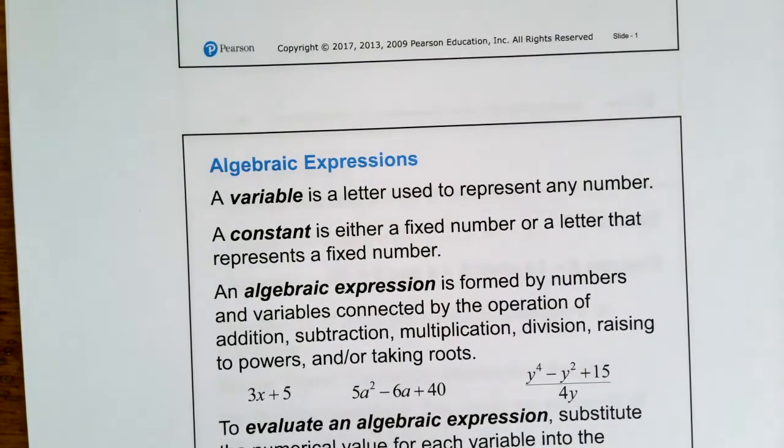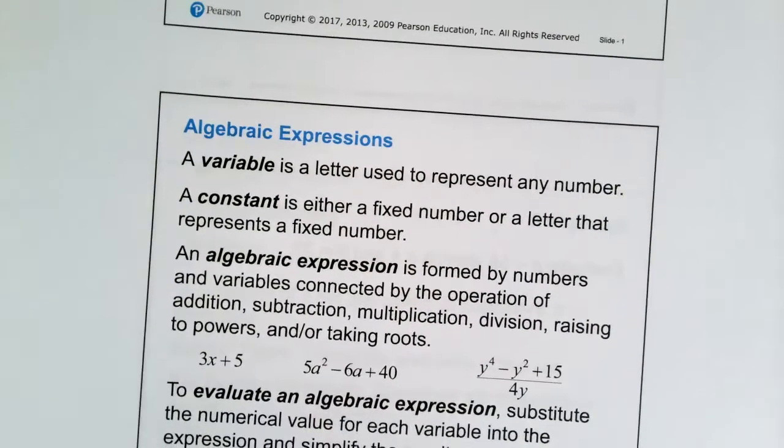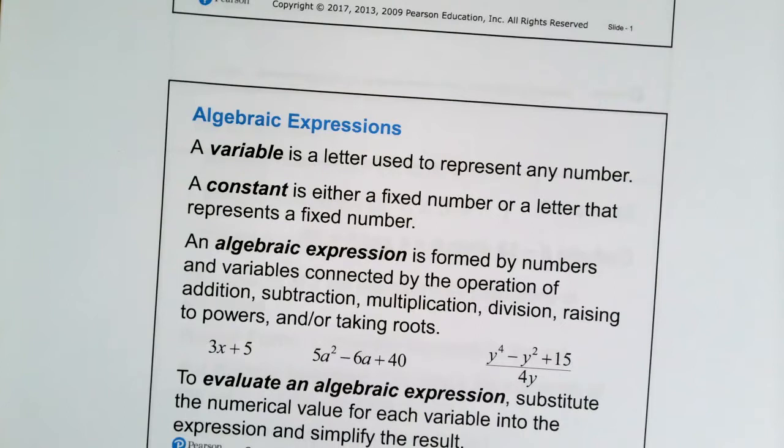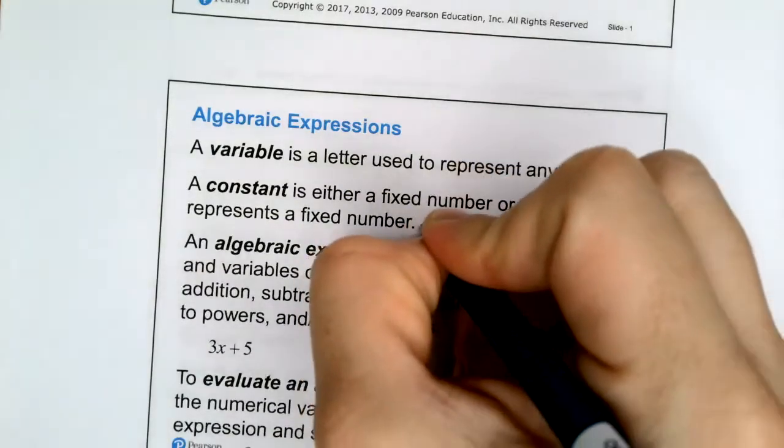Algebraic expressions. In algebra, when we don't know the value of a number, we use a letter to represent that number. And then a constant is a fixed number or a letter that represents a fixed number, and a constant does not change.